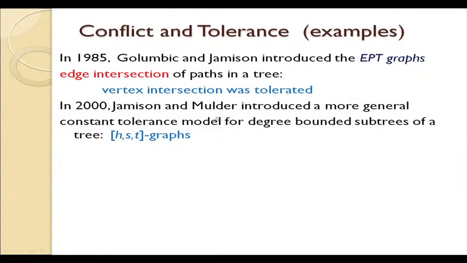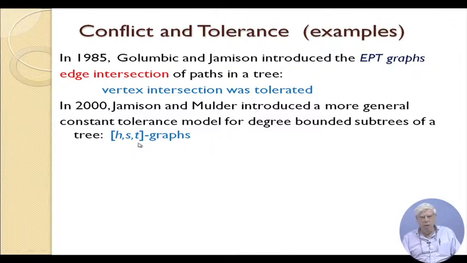Well, Jameson and his pal Mulder introduced a more general model for constant tolerance models for degree-bounded subtrees, and this I introduced a little bit yesterday too, the HST model, where you have a host tree where the max degree of the host is h, the max degree of the subsets that you're looking at, like paths or subtrees, is s, and t would be the tolerance.